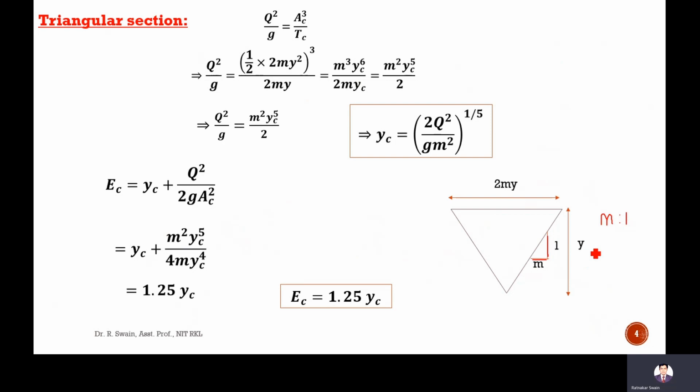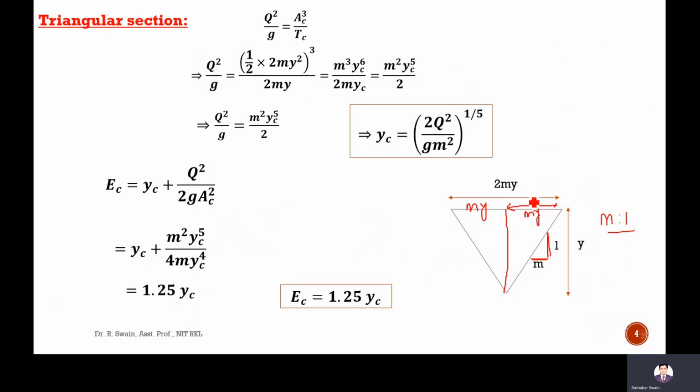If it is Y vertical, then this horizontal distance will be my, because m is the slope, meaning m horizontal with 1 vertical. M to 1 is the slope. So for Y vertical, it will be my horizontal. So here it will be my, so total will be 2my.